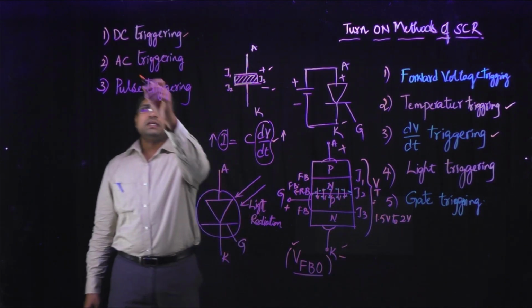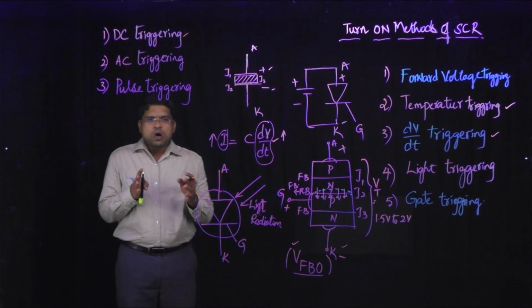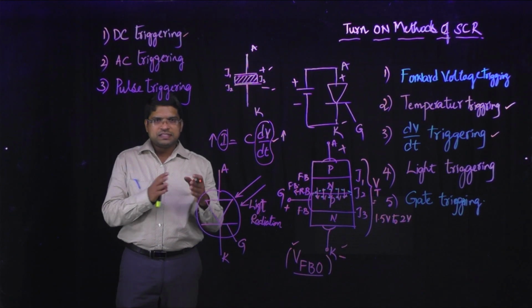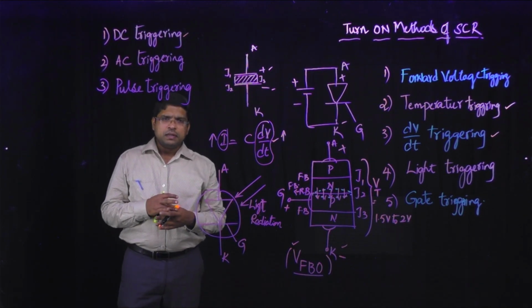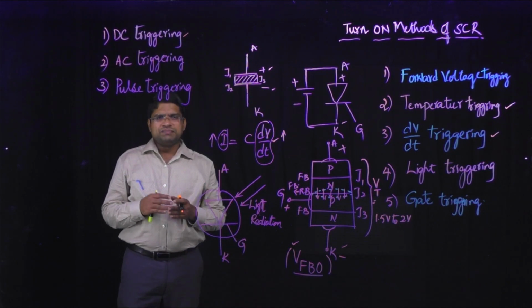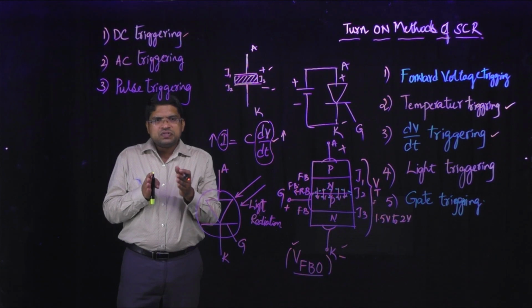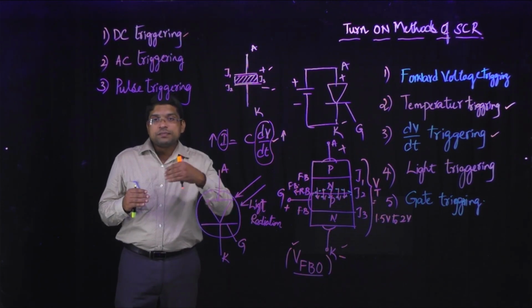Next, AC gate triggering or AC triggering. This is the most commonly used method for AC applications, where the SCR is employed as a switching device. With the proper isolation between the power and control circuit, the SCR is triggered by the phase shift AC voltage derived from the main supply.